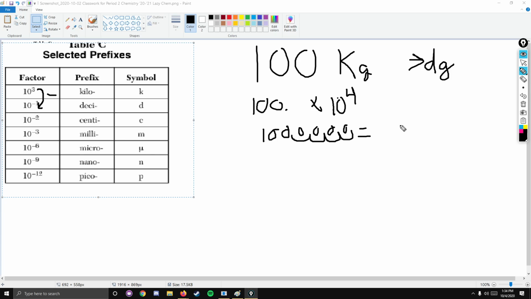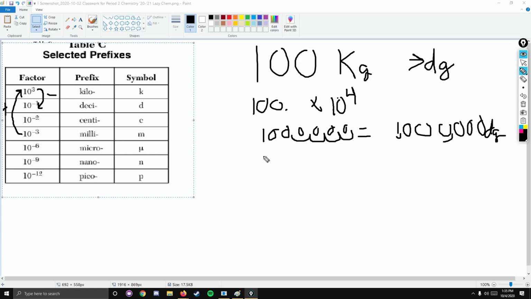And that gives us 1 million decigrams. So if you subtract going down, what you actually end up doing going the other way is adding.